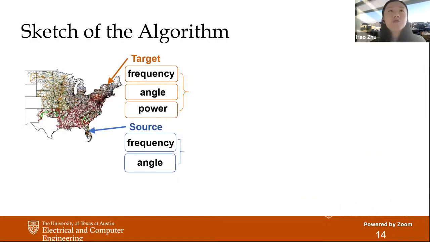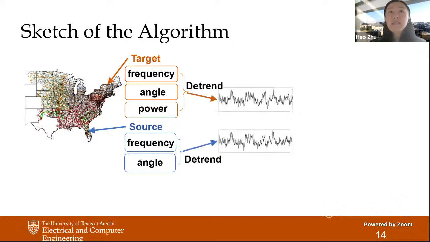Okay, coming back to the big picture here, what are we proposing? We are proposing that in a wide area grid, we can obtain synchronized measurements of frequency, angle, or power at different locations. We don't need the actual model of the system. We only need this ambient noise-like data from the real phasor measurement units. After the initial processing, which I briefly mentioned earlier, called detrending, to get rid of the slow varying trend, we will be able to find these noise-like signatures at these locations.